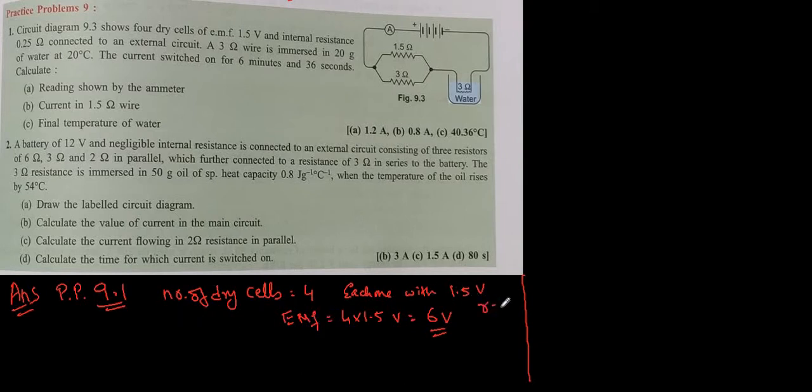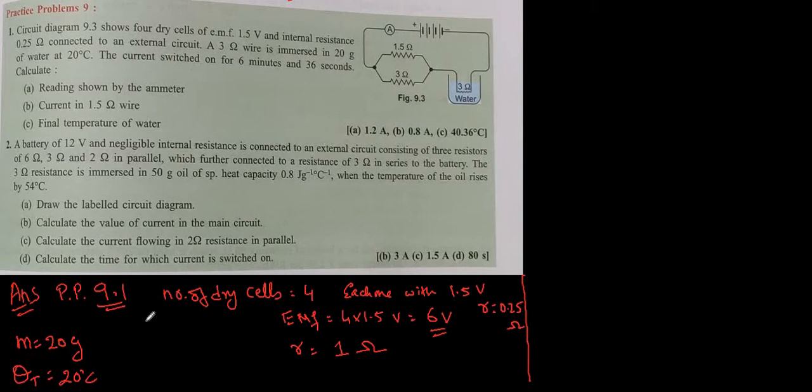Internal resistance is given for each one. Internal resistance r is equal to 0.25 ohms. So for all of them it is going to be 1 ohm. Then it says a 3 ohm wire is immersed in 20 gram of water. So m, mass of water, is how much? 20 gram. What is the temperature? Temperature is given, so theta, I will write 20 degrees centigrade.